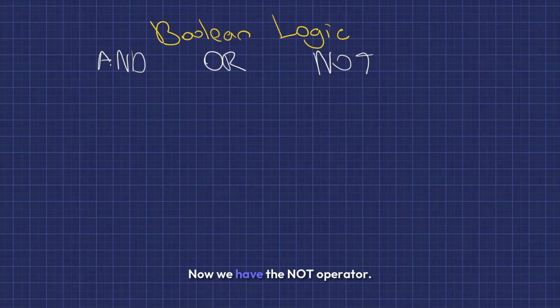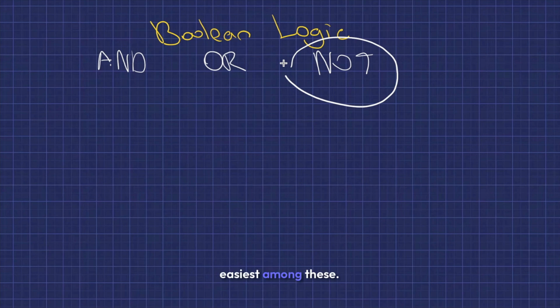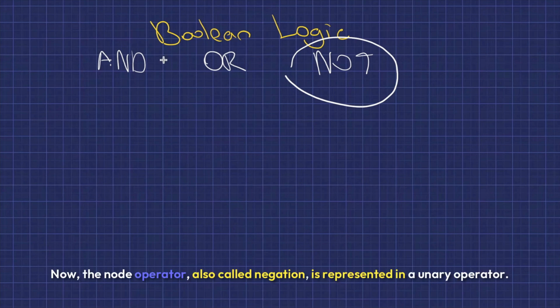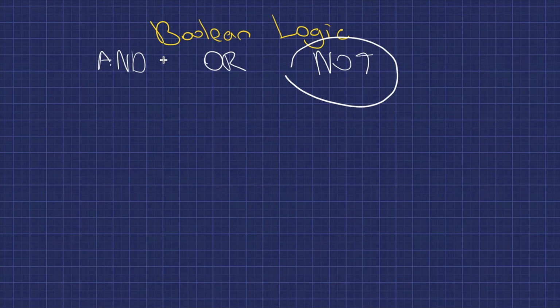Now we have the NOT operator. Now I would say that the NOT operator is the easiest among these. The NOT operator, also called negation, is a unary operator. It uses only one input.